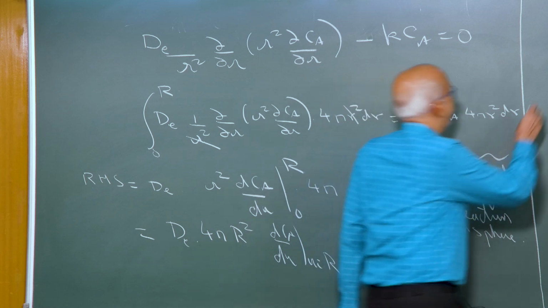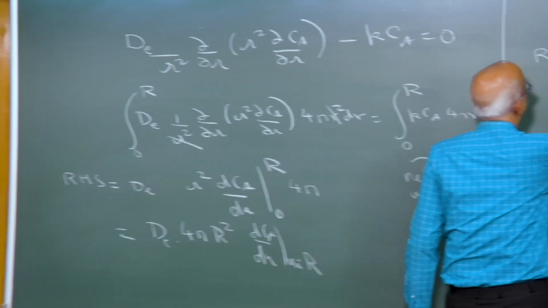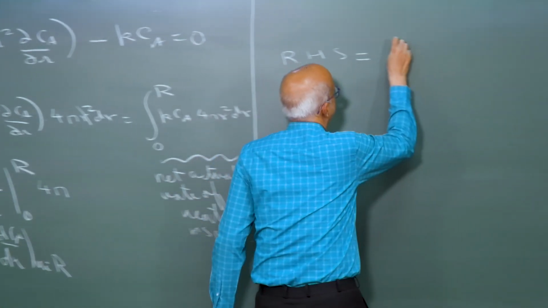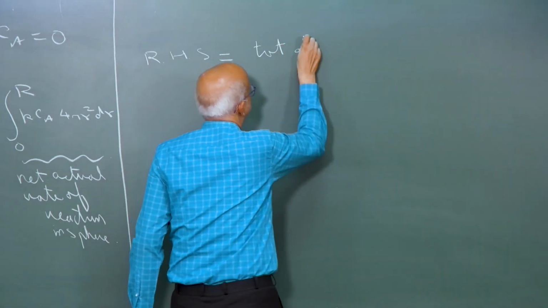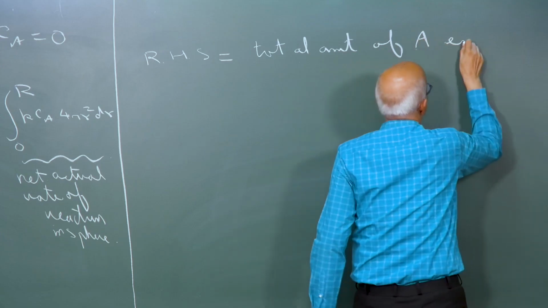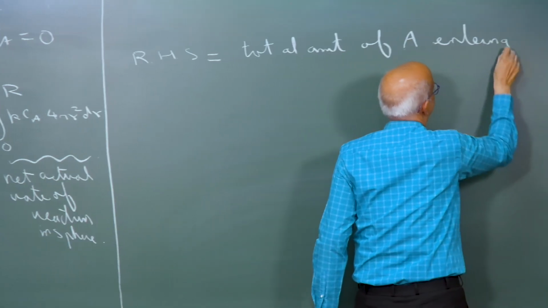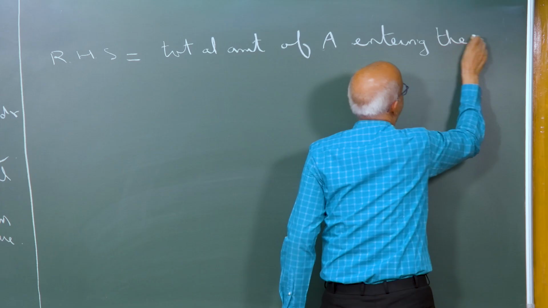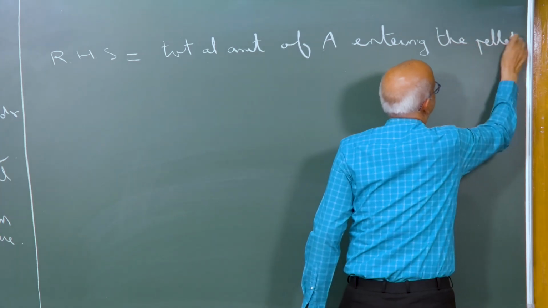So, the left hand side represents the total amount of A entering the pellet.